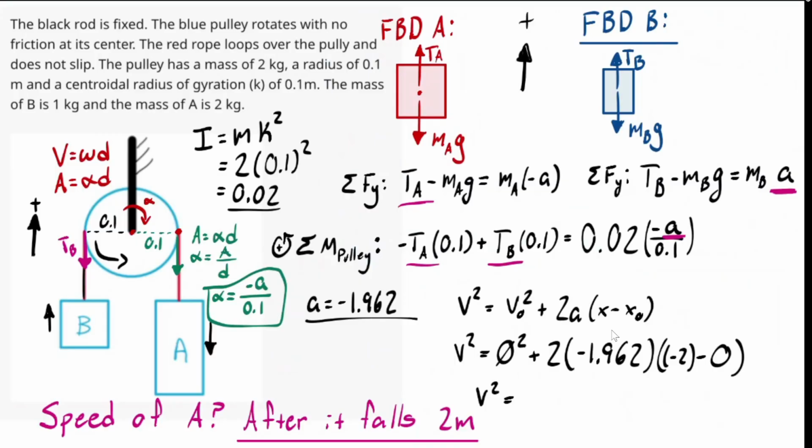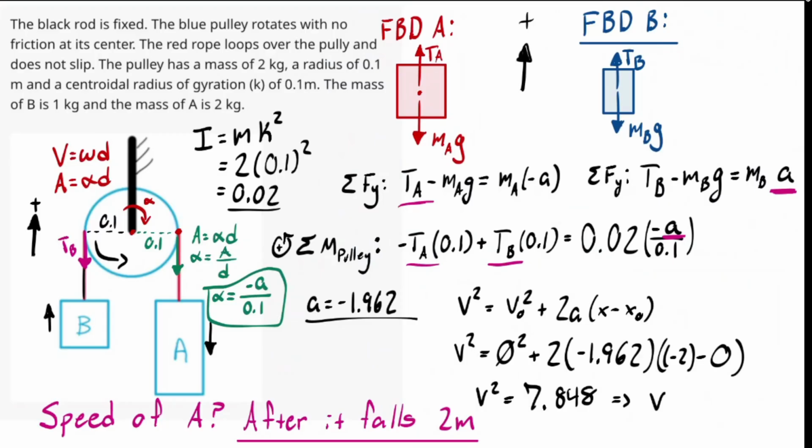So we get that v squared equals, and then I'm going to pump all this into a calculator. So 2 times negative 1.962 times -2. Okay. 7.848. Right. So we'll get that here.